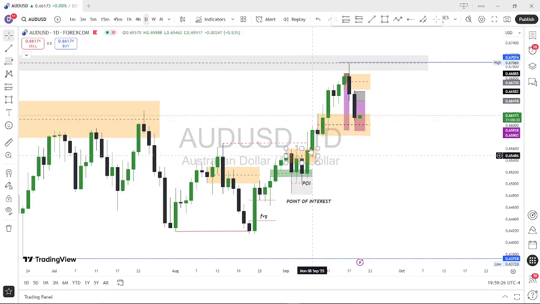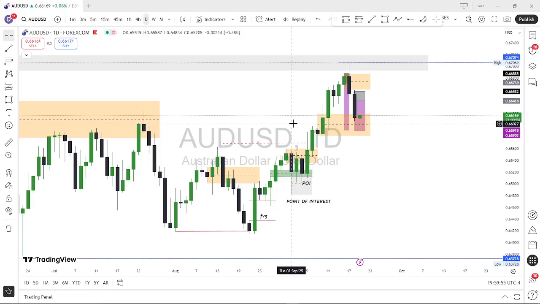The trend swept the previous day's high, and closed with a wick. Now, you guys will be wondering, this closed with a wick, yet went back up for the trend. That's why I said you need to pay full attention.